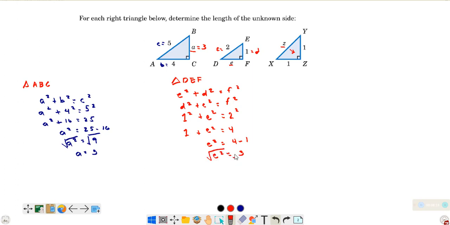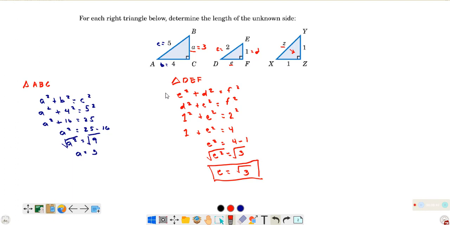Now, to get the value of E, we have to extract the root of E squared. The square root of E squared is E, and the square root of 3 is, again, square root of 3. Pwede nyo naman siyang i-approximate. Pwede nyo kunin yung square root of 3, the approximated value. I don't have a calculator close. Pero teka lang, kunin ko lang, tapos i-compute natin.